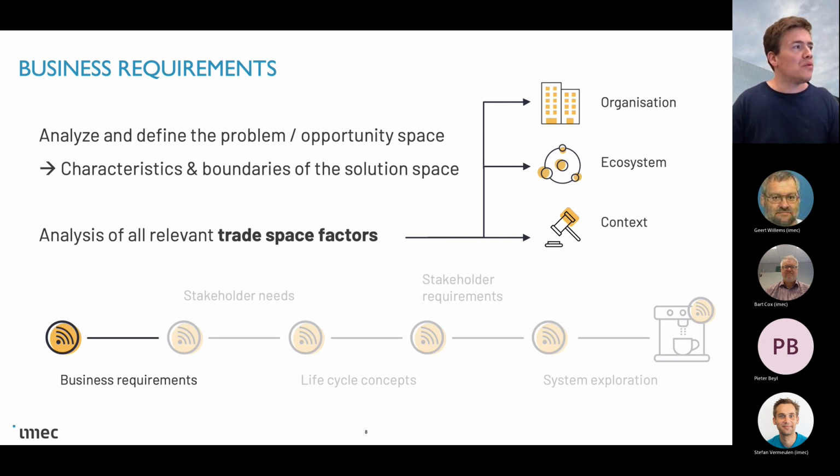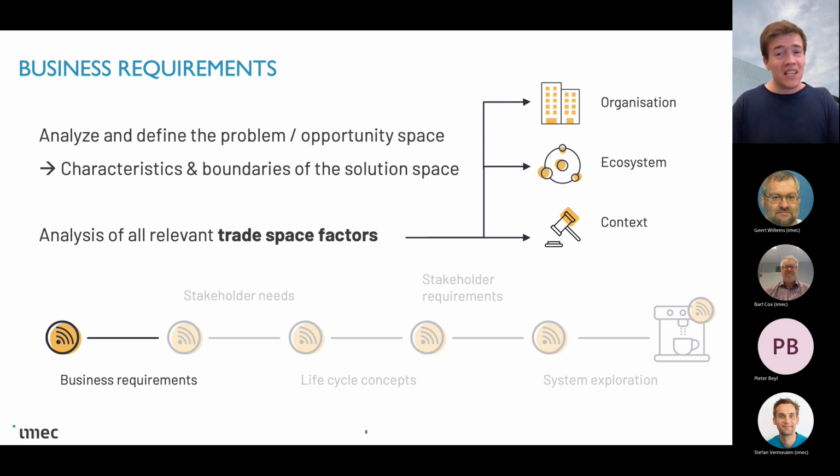In order to do so, we look at all relevant trade space factors. Now that seems a little bit cryptic, but basically business requirements is not only looking at the organization itself, it's also looking at everything in the ecosystem of a company. And of course, the context, things like legislation and certification or intellectual property, are also important when making these decisions.